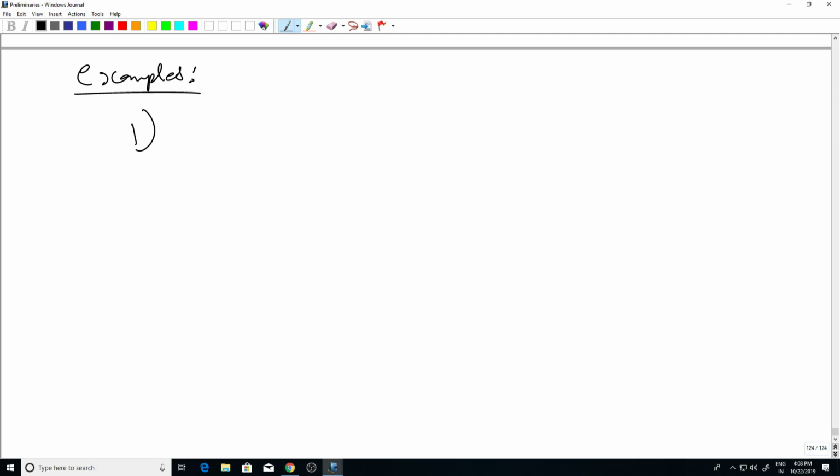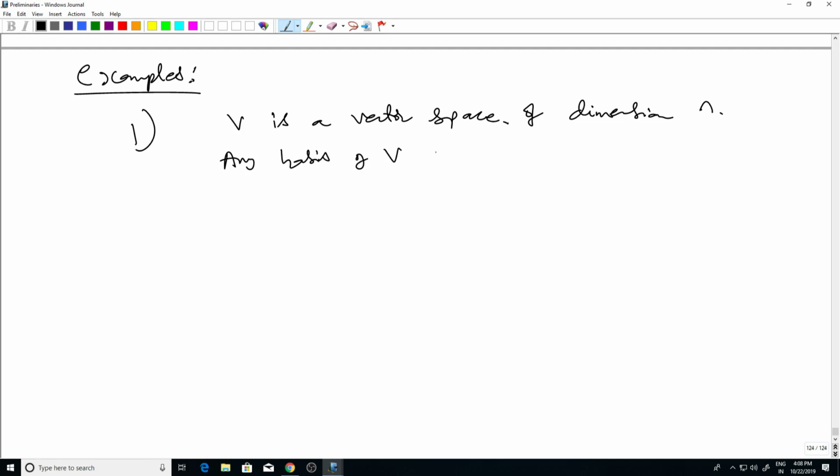If V is a vector space of dimension n, let us say, as such it does not have a topology, but what we can do is let any basis of V give an isomorphism to Rn, since it has dimension n. So in particular we get a bijection from V to Rn.